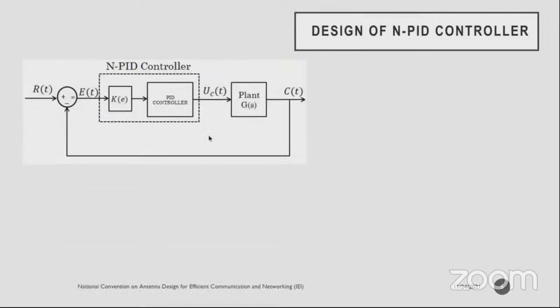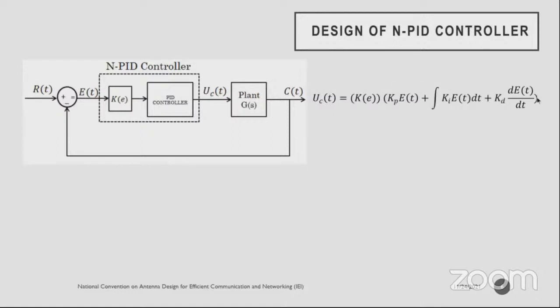This is the structure of the nonlinear PID controller. As already stated, the nonlinear gain is added to the PID controller. That's why it is named the nonlinear PID controller. With the reference value, the error signal initiates the control action. From the PID controller, the output is directly proportional to the error response, with proportional action, integral action, and derivative action, giving the structure: Kp e(t) plus Ki integral of e(t) plus Kd de(t)/dt.